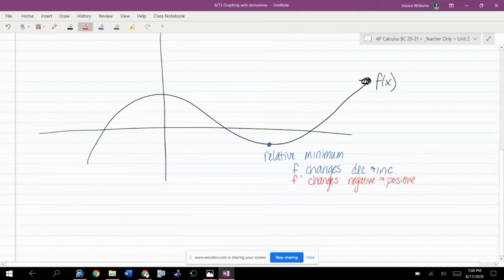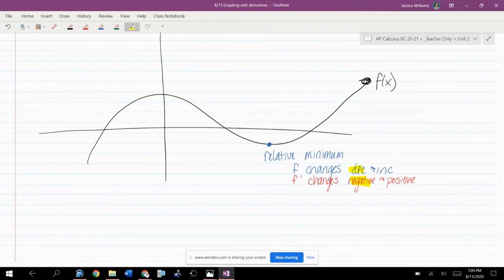So f prime changing from negative to positive is a relative minimum, and it's the same thing as f changing from decreasing to increasing. You need to be really careful. These are not interchangeable. The word decreasing implies a slope. The word negative just means its values are less than 0.